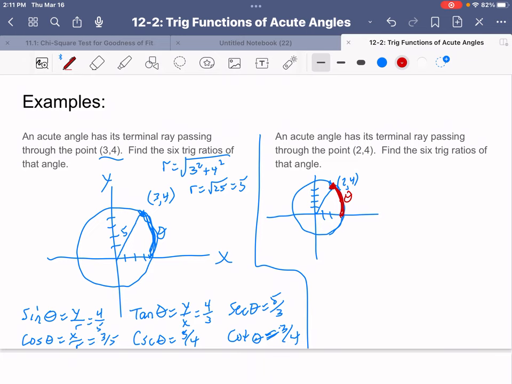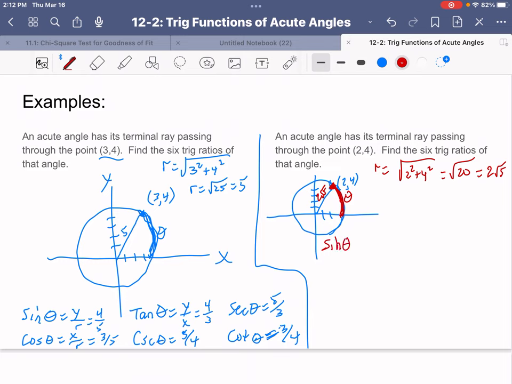Now, r equals the square root of the x coordinate squared plus the y coordinate squared. So that's the square root of 20. I want you to remember to simplify square roots when they can be. So let's call the radius 2 square root of 5. Okay. So now, let's do our 6 trig functions.